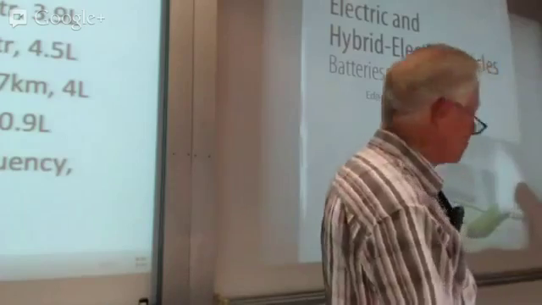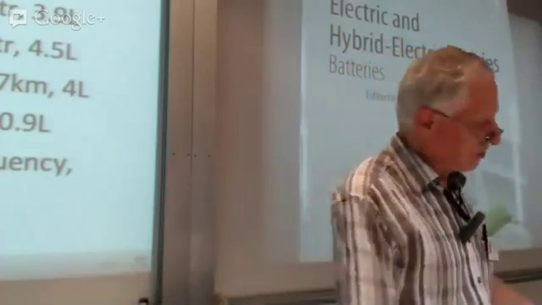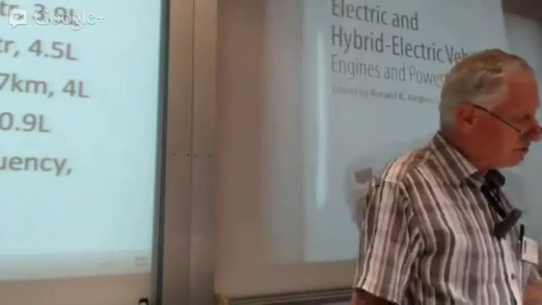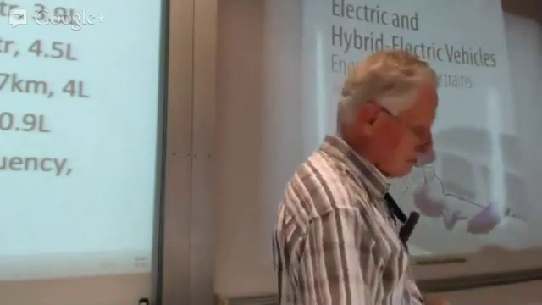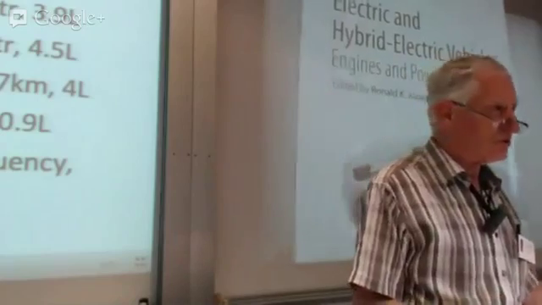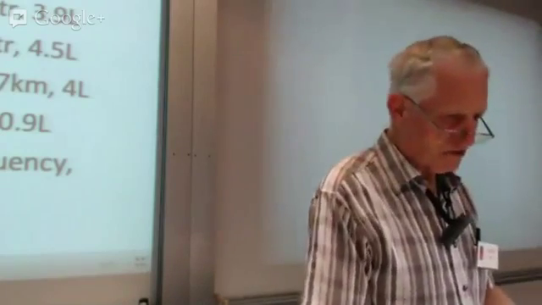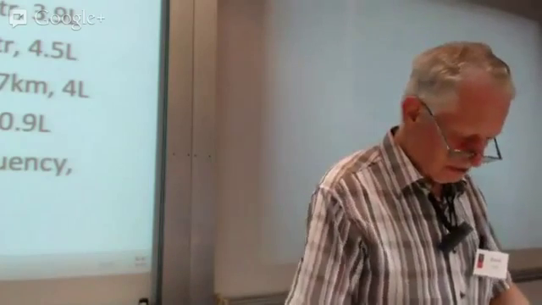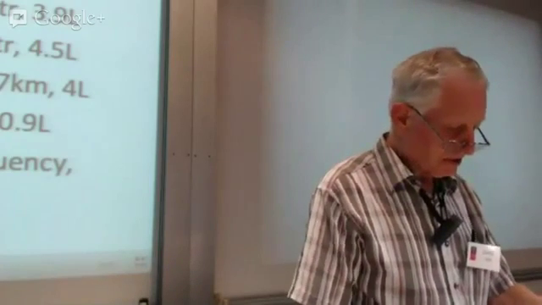Batteries, that one I talked about, some of those sizes and weights of batteries came out of that one there, and engines and powertrains is another one there. So there's just some sources that are available. I just thought that was worth showing to you.